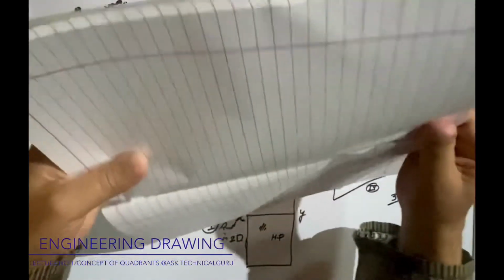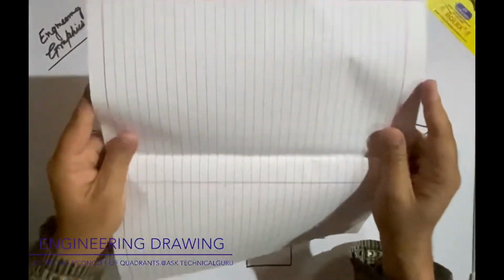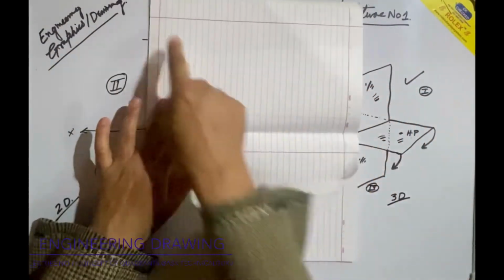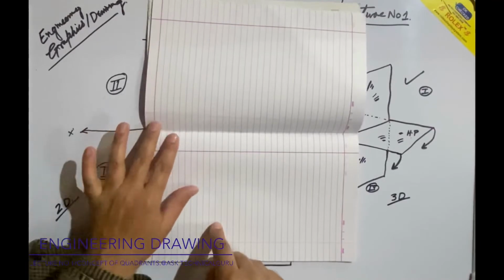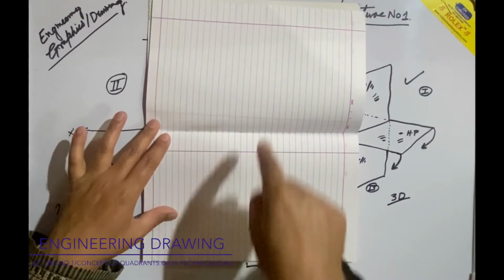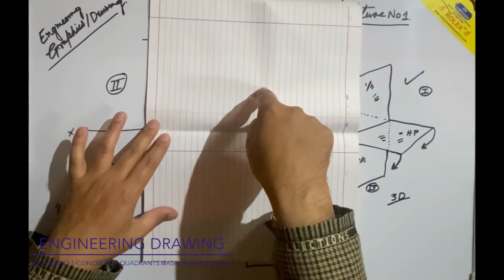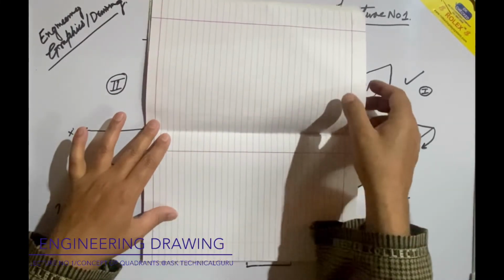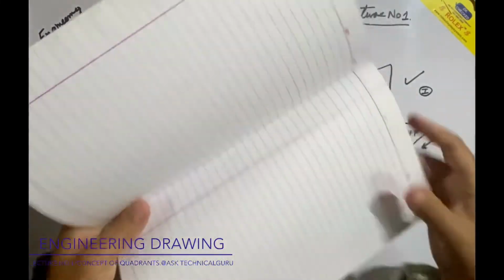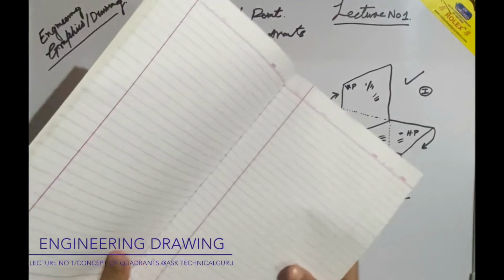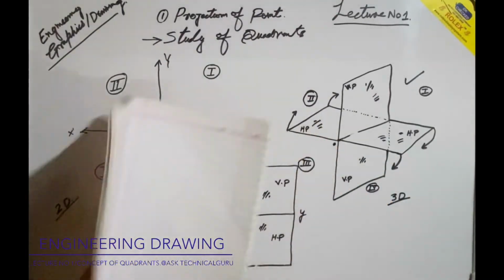Got it? In two-dimensional view, it will be like this. This is the horizontal plane and this is the vertical plane in 2D. Is it clear?